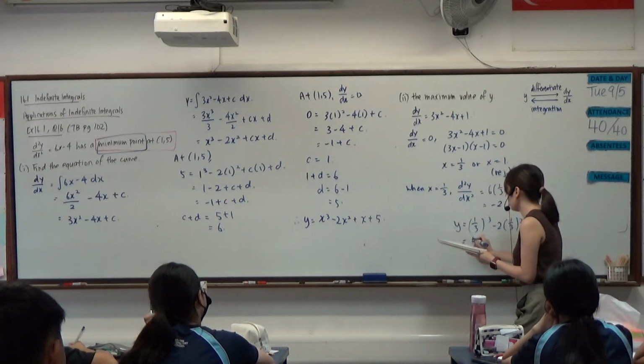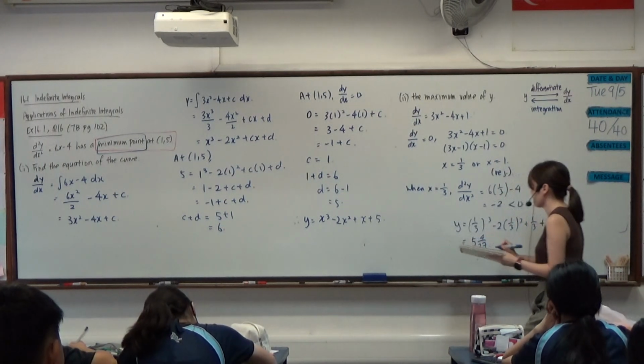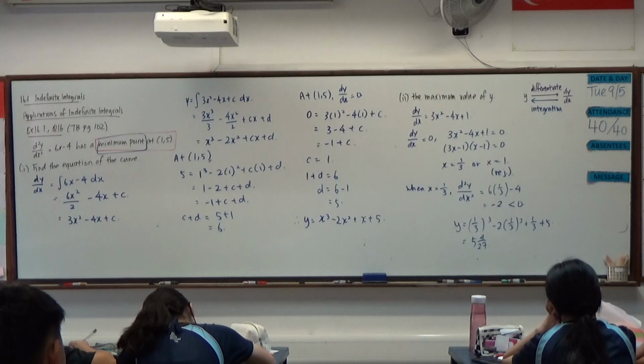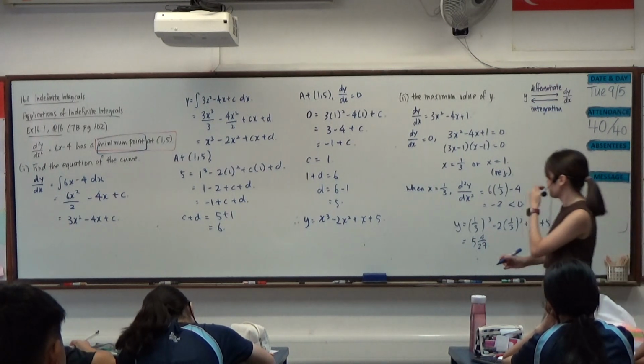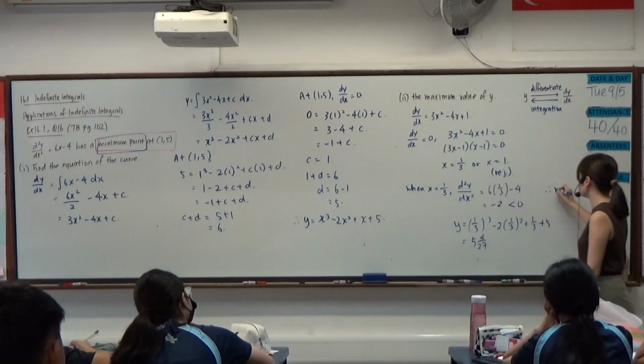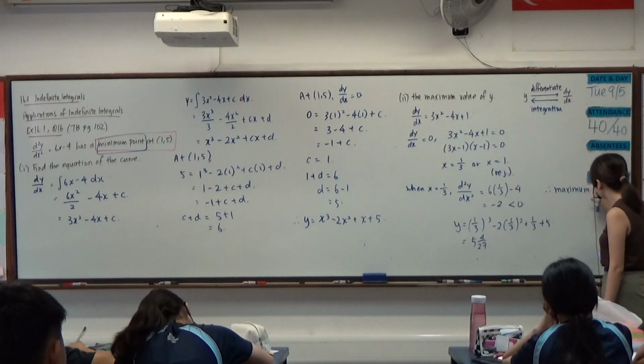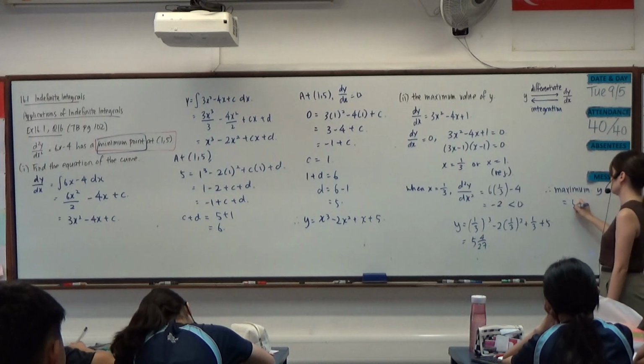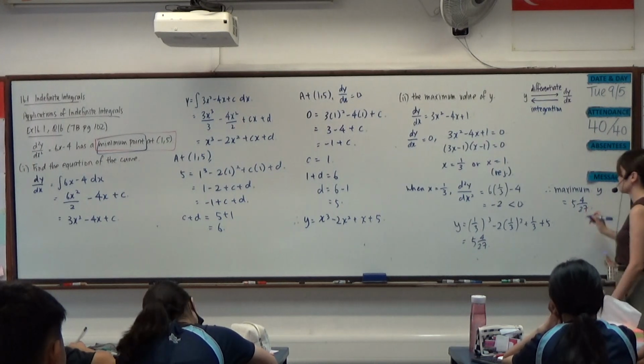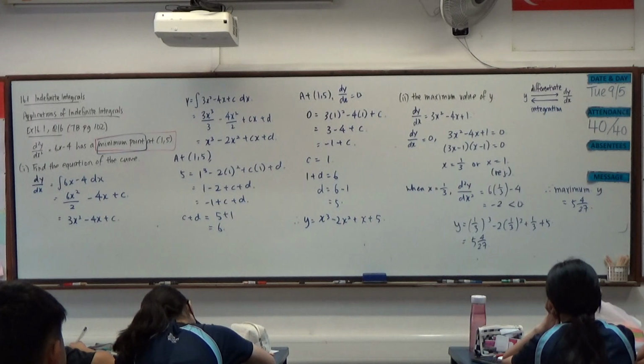That will give you 5 and 4 over 27. So therefore, maximum y equals 5 and 4 over 27.